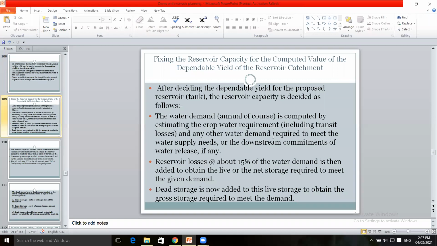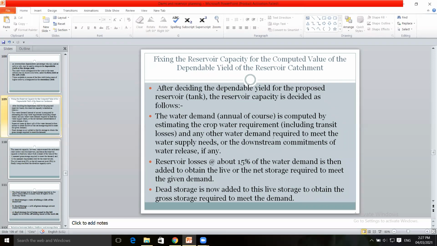So total water demand is computed by knowing the quantity of water required for crops. We release water to different crops. It may be sugar cane, wheat, maize or cotton. The quantity of water required for various types of crops may be different.